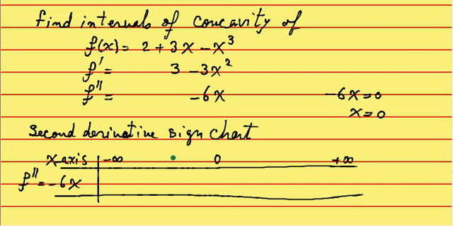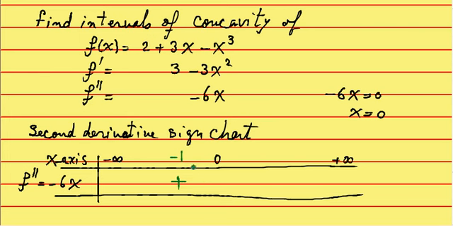Go ahead, choose a test point, such as minus 1. Between these two, pick a test point. Plug it here. You see that you get positive 6. At this point, second derivative is positive. Pick any other test point in this range, you still get the same sign.